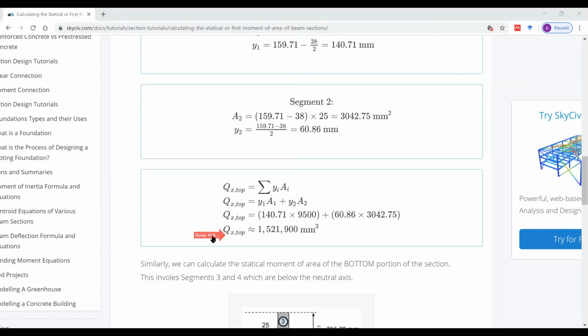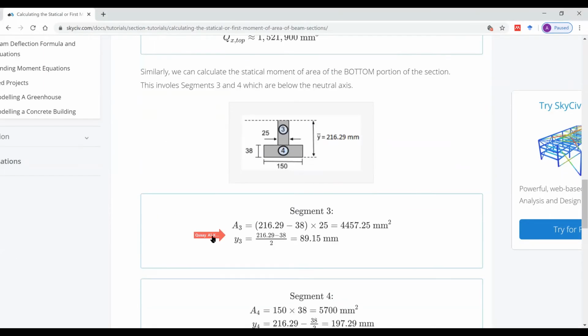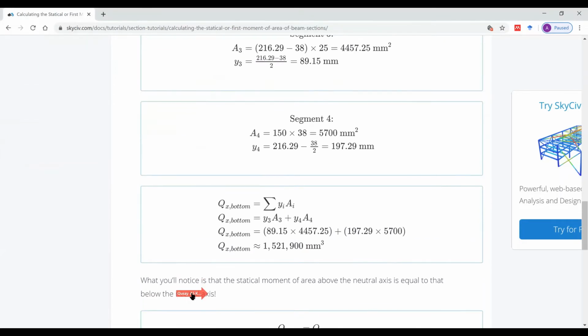Similarly, if you do that for the lower part, which is this one, you will do the same with area 3 and 4 and you will get the same value. And as you know, the unit here is going to be length to the power 3, because we are just multiplying y times A.